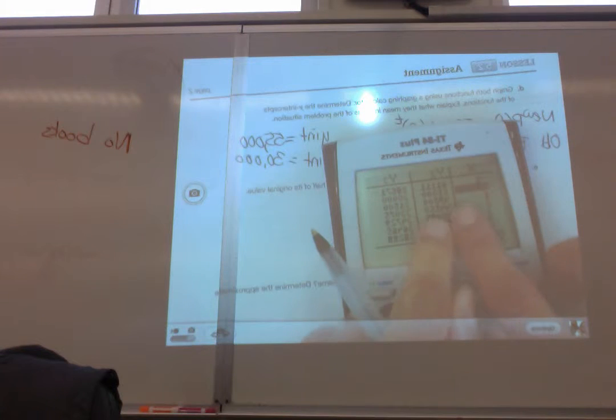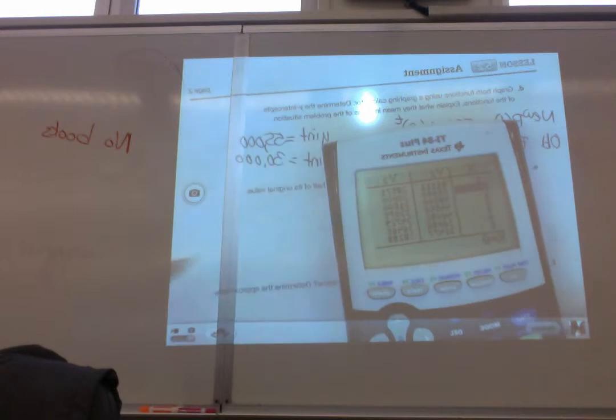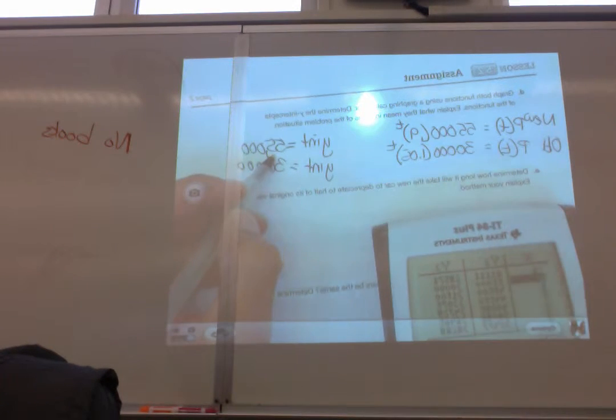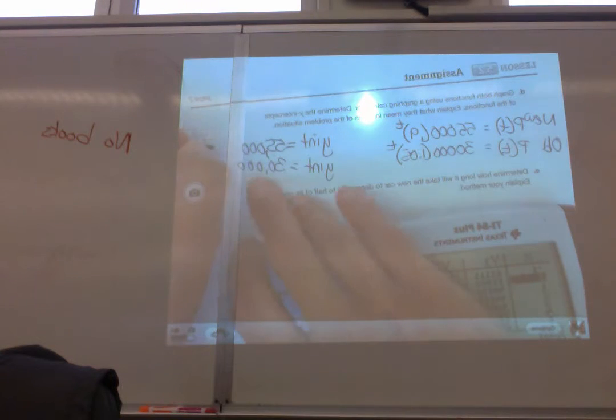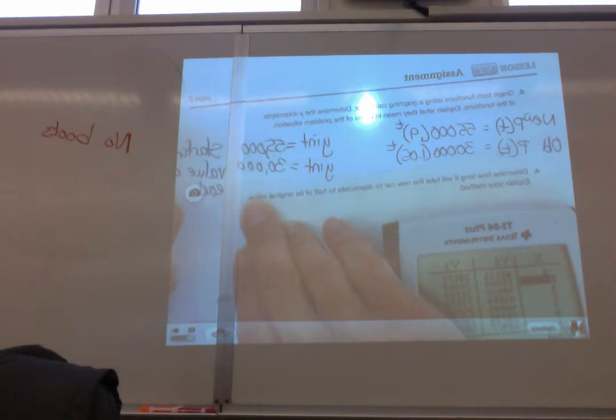Both of them show up easily in my table when I find x of 0. Now, what does 55,000 mean in this situation? Where'd that number come from? The starting value of each car.